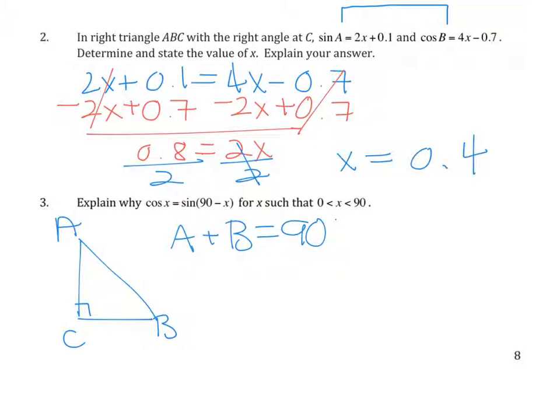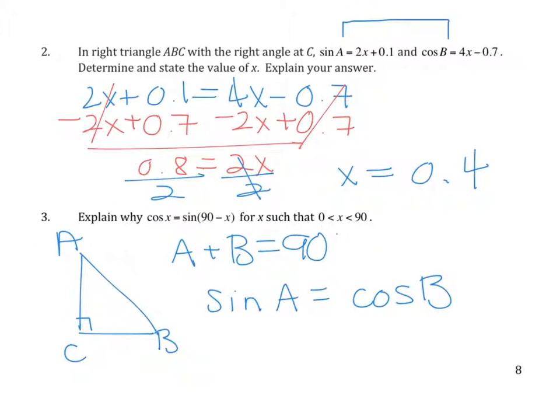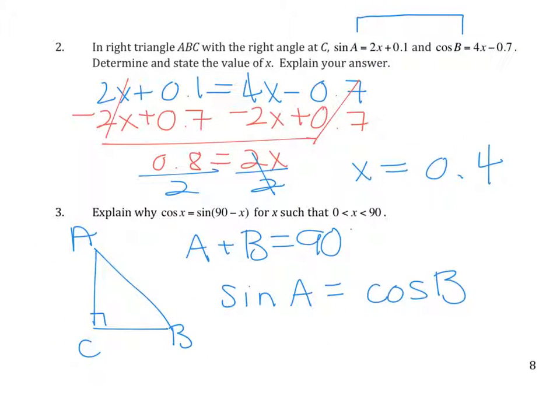And we also witnessed that the sine of angle A is equal to the cosine of its complement, angle B. So knowing that, we're able to solve problems and write this in terms of one angle. So the sine of A is equal to the cosine of 90 minus angle A.